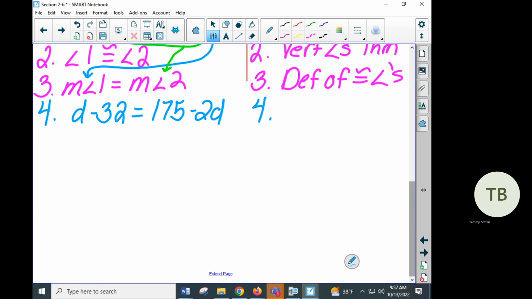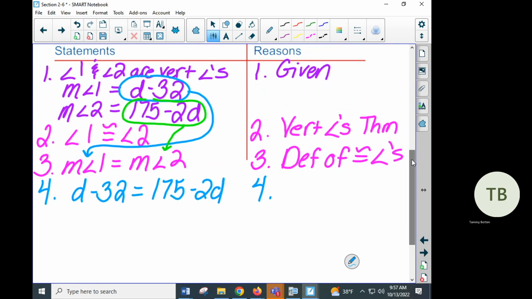I took that out and put something else in. That is substitution property. Okay. I took angle 1 out, put d minus 32 in, and the same with angle 2.